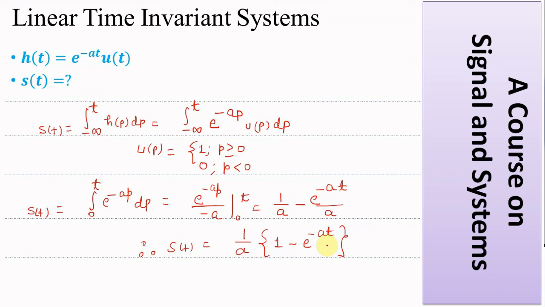So the s(t) that we have derived exists due to h(t), but the values of t are to be positive based on the integration that we have used, and therefore we will multiply u(t) with s(t), which then gives this indication that it is only for positive values of t that s(t) exists.